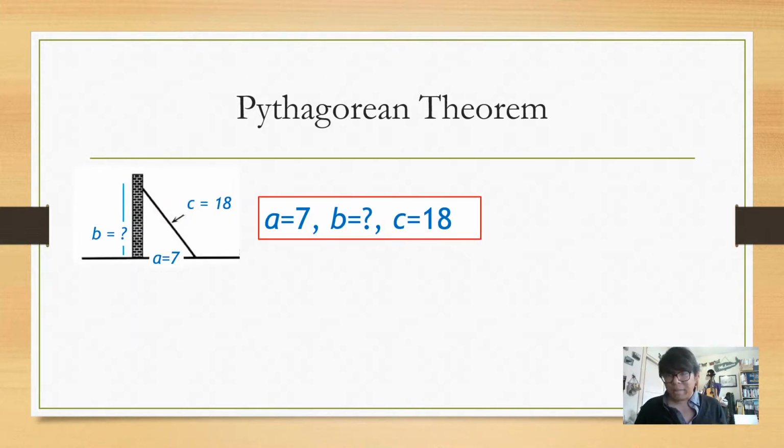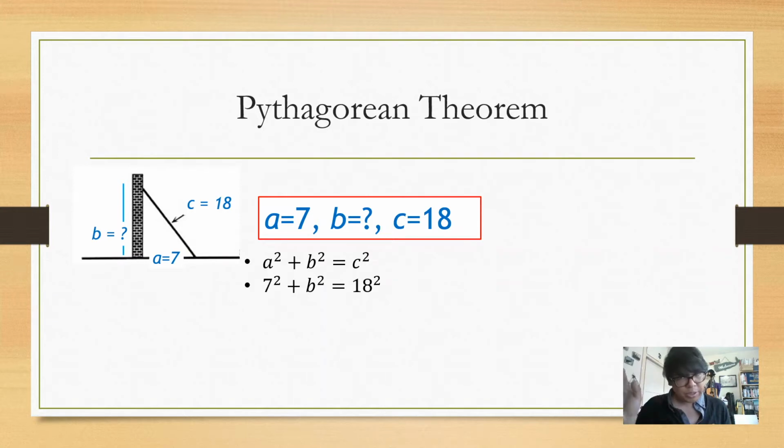A is 7, B is unknown, C is 18. Write down the Pythagorean theorem. Just like last time, substitute the numbers. A is 7, B is unknown. Remember, you're not writing a question mark, you're just leaving it as the letter B. And C is 18.